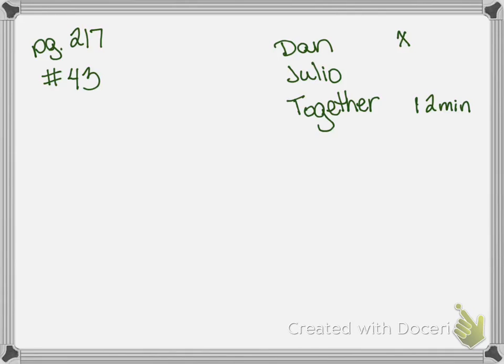So if Dan can mow it in X minutes, then Julio can mow it in X minus 10 minutes. Now, here we've got how much time it takes Dan to mow, how much time it takes Julio to mow, and how much it takes them together to mow.